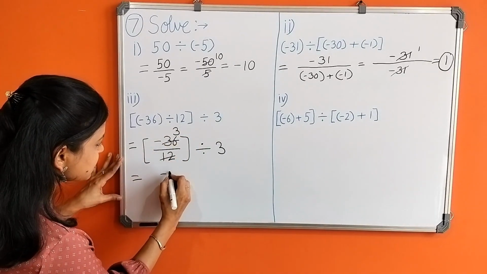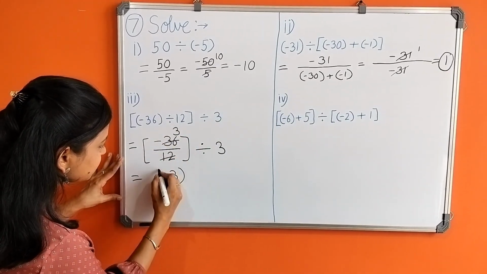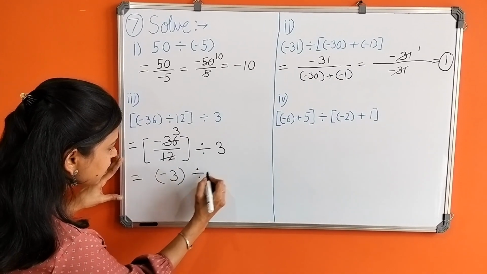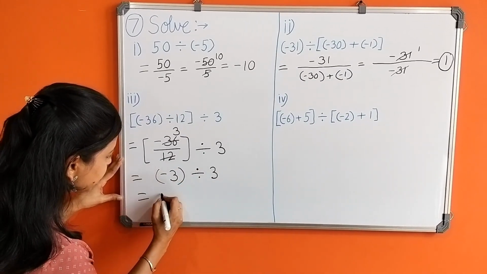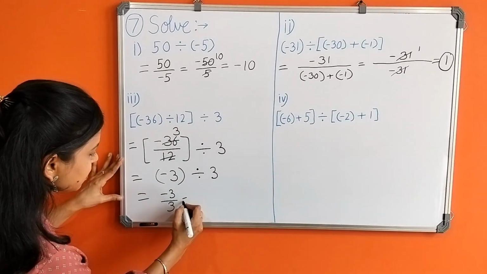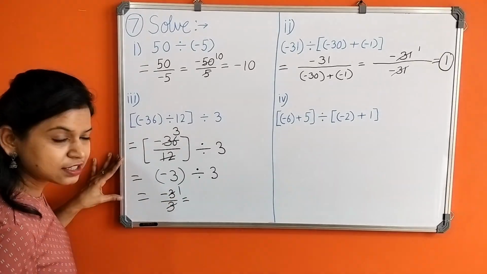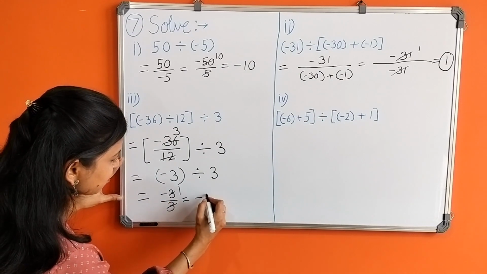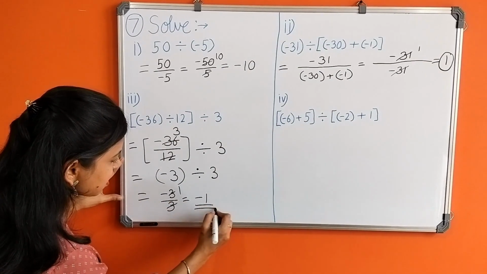So -3 is the answer. Divide by 3. Now we will write -3 divided by 3. 3 ones are 3. Minus is here. -1 is the answer.